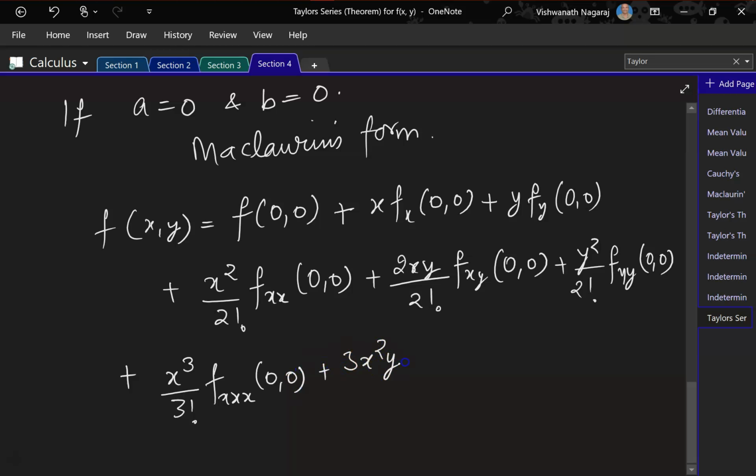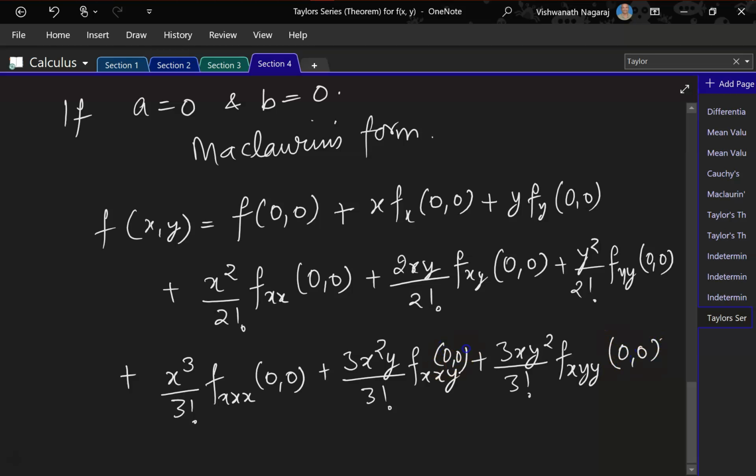3x square y by 3 factorial f_xxy plus 3xy square by 3 factorial f_xyy of (0, 0).